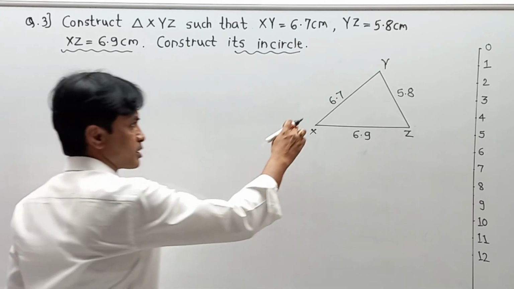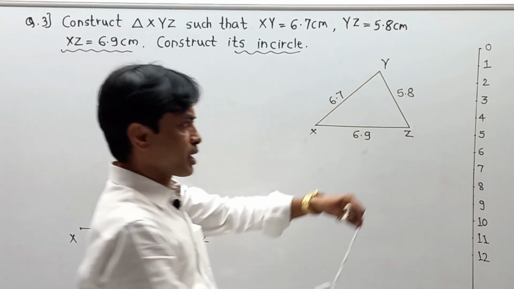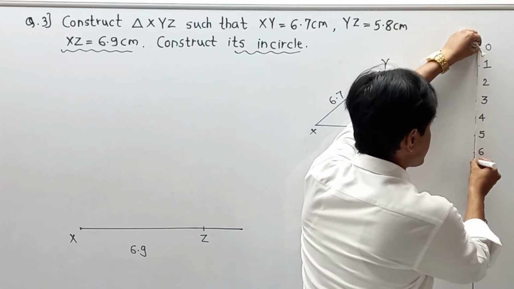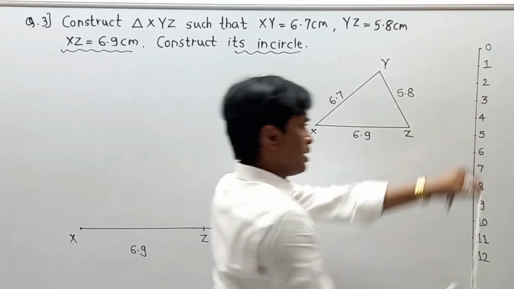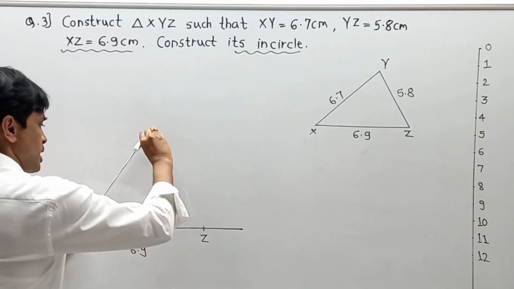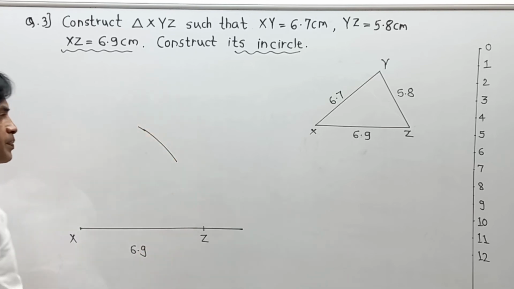Now our target is to locate XY having a distance 6.7 centimeter. So in a compass, again I am going to take a distance equal to 6.7 centimeter and draw that arc from point X. So this arc is of 6.7 centimeter. Let us say I have drawn this arc over here.